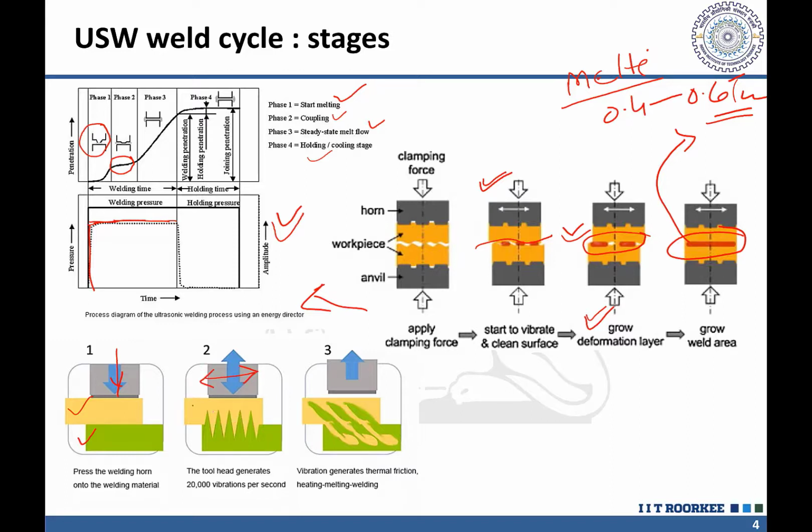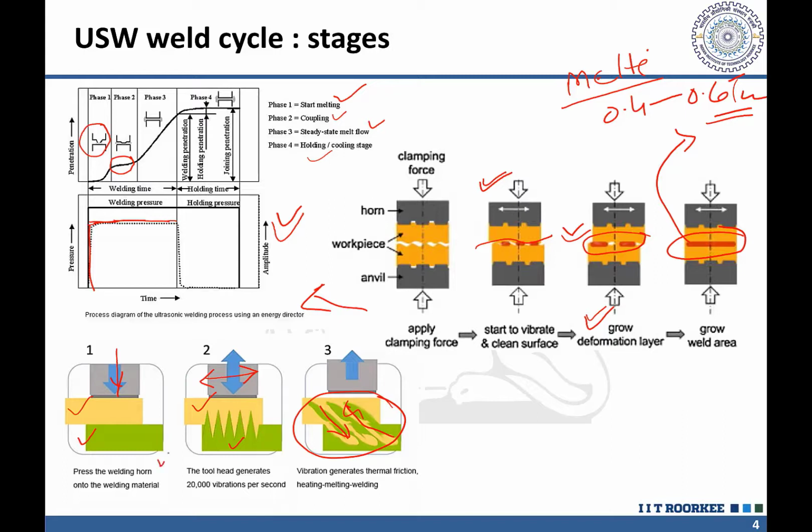The melting on both sides takes place, and due to the relative motion, intermixing of the metal from the two sides takes place, and eventually on holding and cooling, the joint is formed in case of the polymeric material.